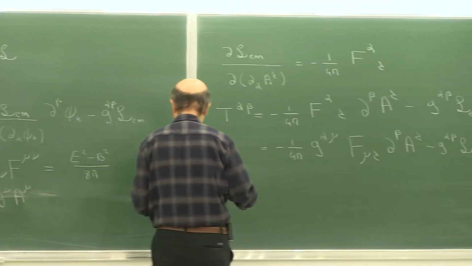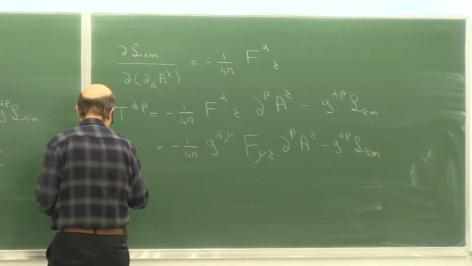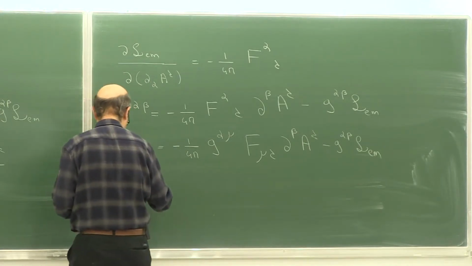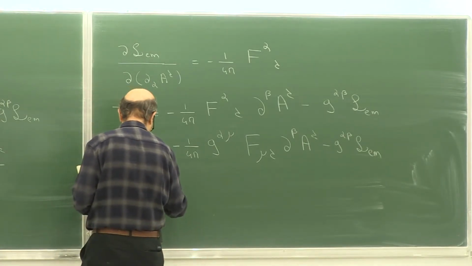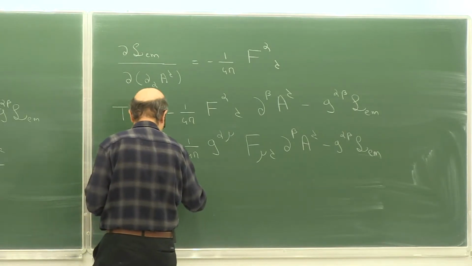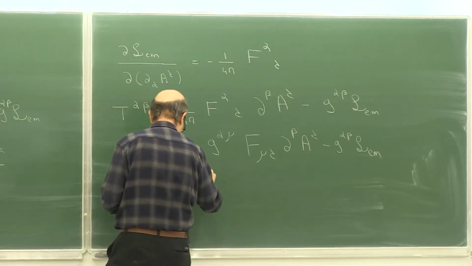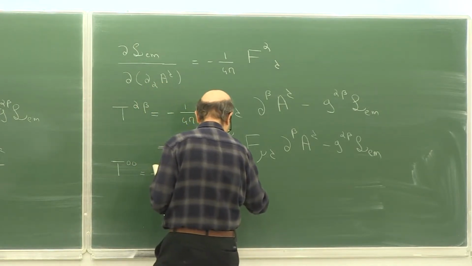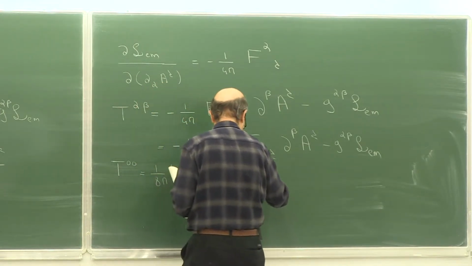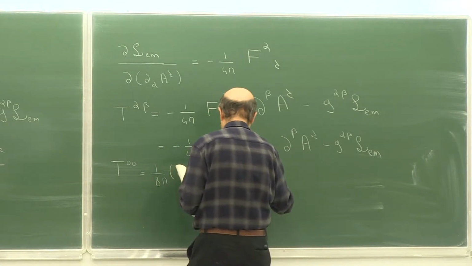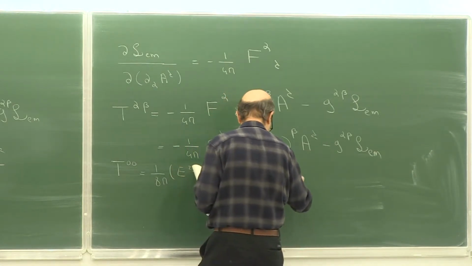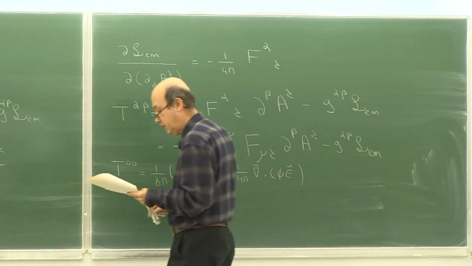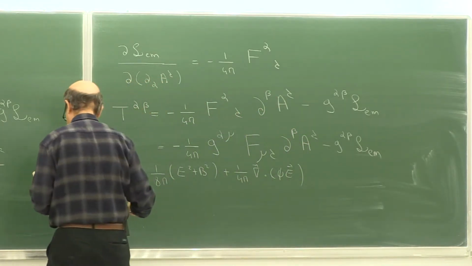The elements of the canonical stress tensor are the following. T00 is 1 over 8 pi (E squared plus B squared) plus 1 over 4 pi divergence of phi E. So that is the 0,0 component of the canonical stress tensor.